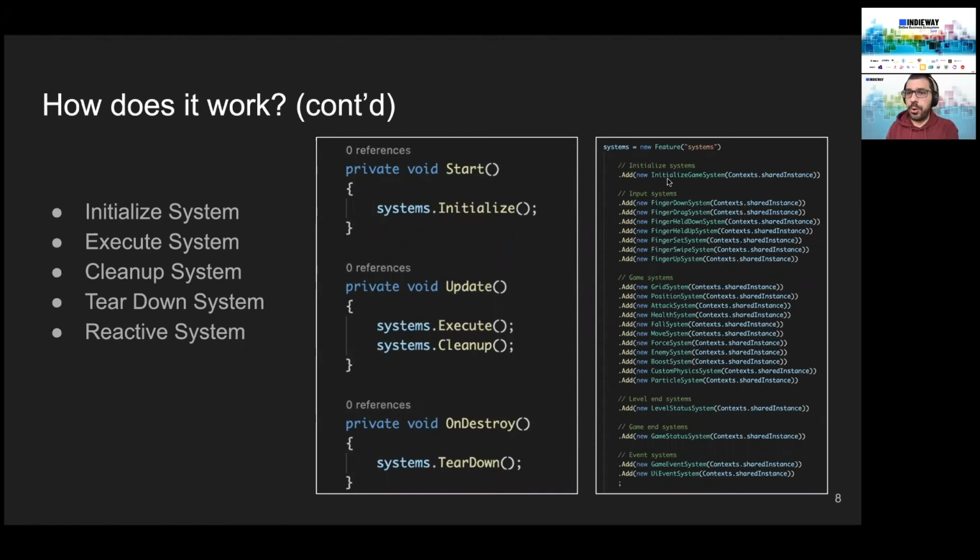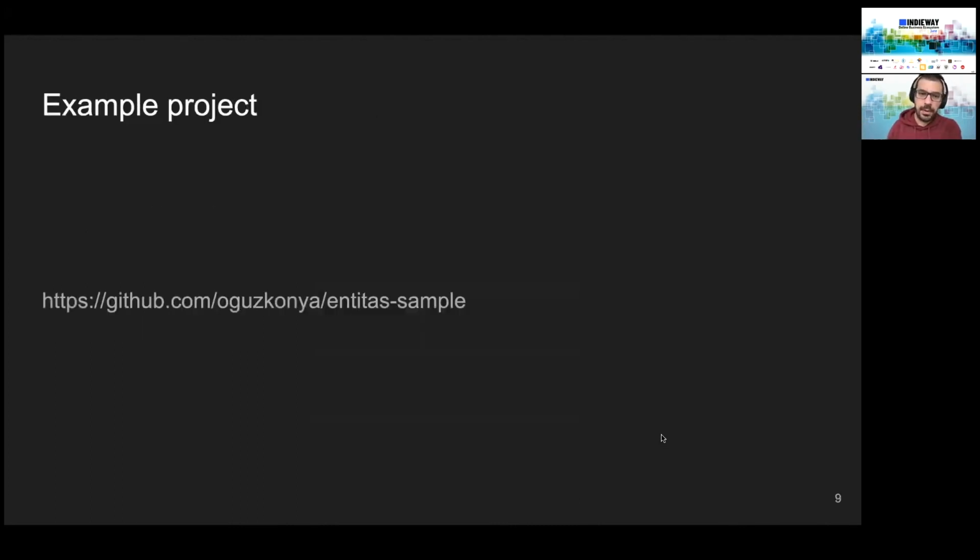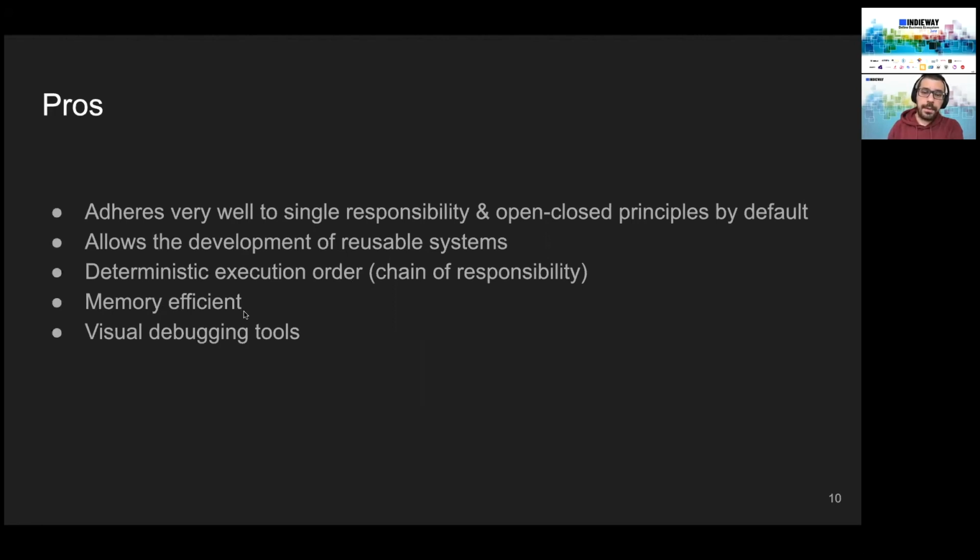When I follow it from here, for instance, there are the initial systems and input systems. First of all, the inputs will operate, and then based on these inputs, the game system is going to operate, and then we can check whether that level is completed, and on top of it, we can check whether the game is finished or not, because I'm 100% sure that they're going to operate.